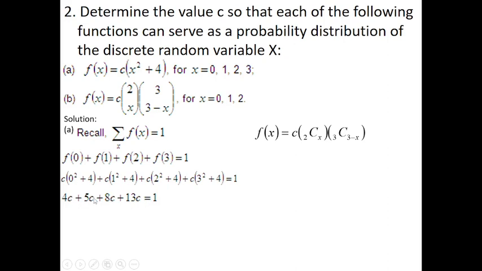Simplifying, we have 4c, 5c, 8c, 13c equals 1, and that gives us c equals 1 over 30. So that is now the value of c, which is 1 over 30, so that the function f of x can serve as a probability distribution of the discrete random variable x.